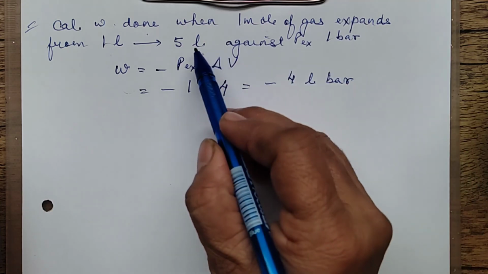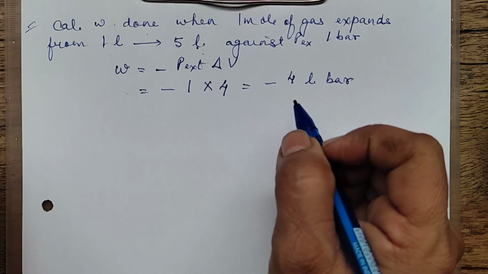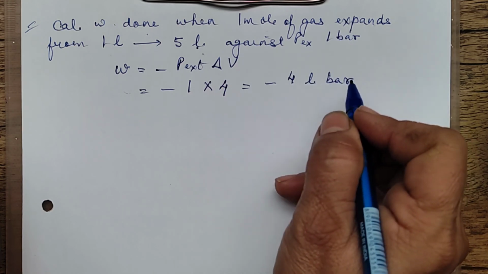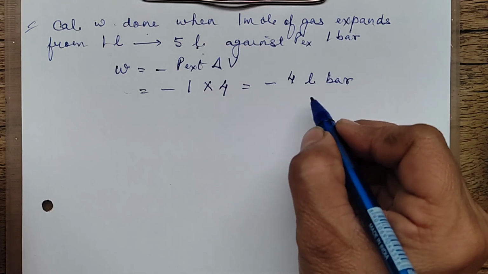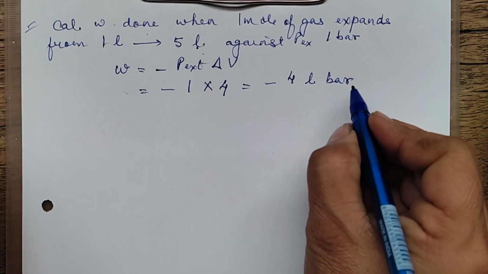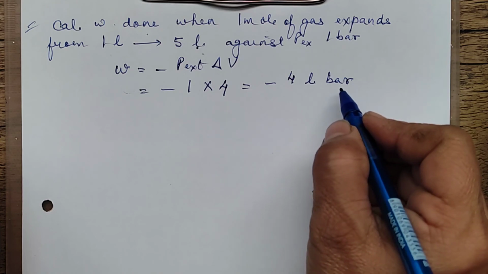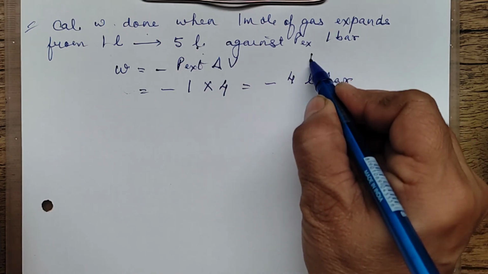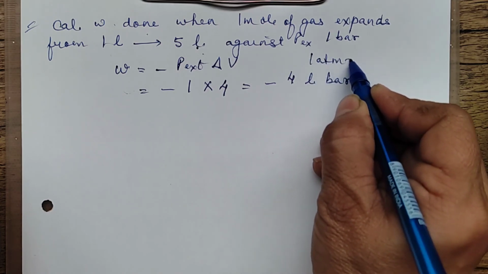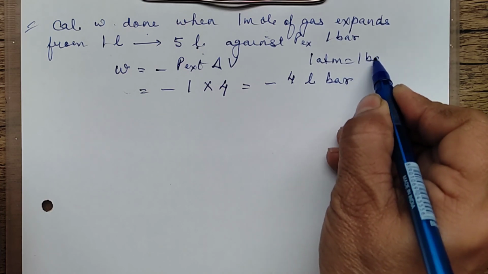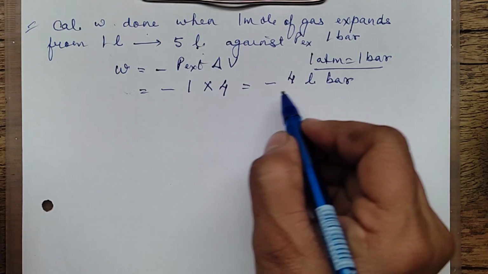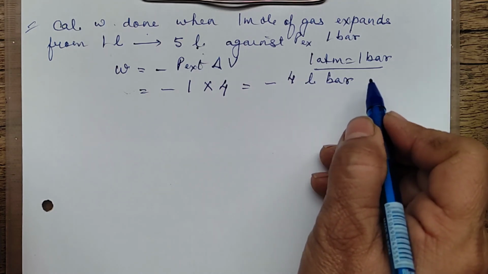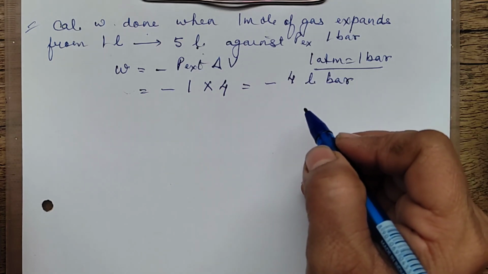This is in liter, this is in bar. And of course you can convert it. 101.3 joules. You can multiply with this, which I already told you, because 1 atmosphere is nearly 1 bar, 0.987, but you can take it as almost 1 bar. So you can multiply this with 101.3, and that many joules will be your answer. Right?